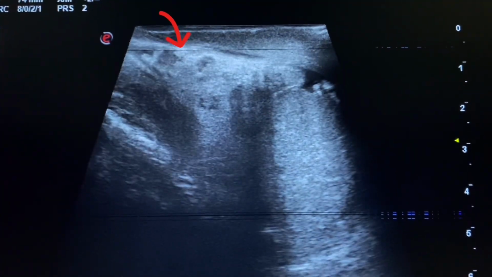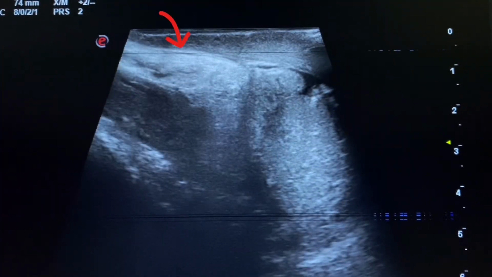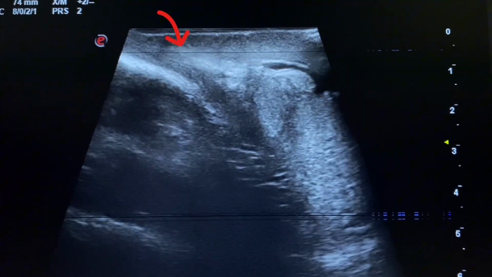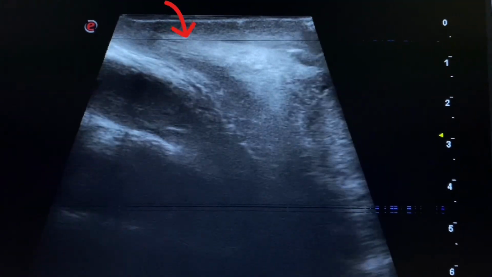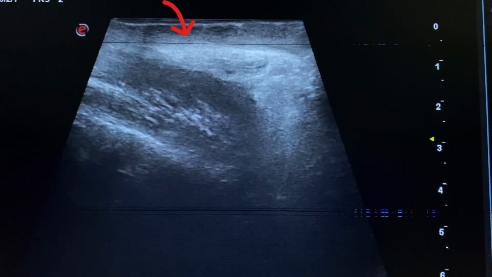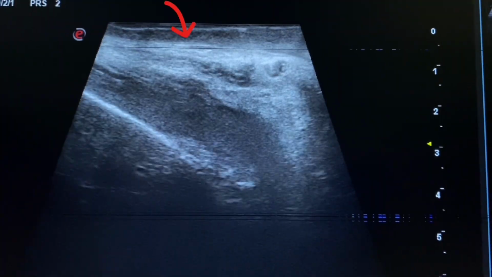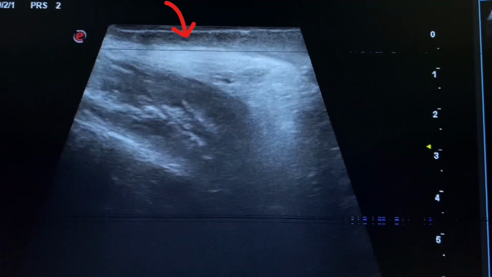This is spermatic cord, which also shows increased echogenicity and increase in size. The size and texture of spermatic cord is increased in inflammation.